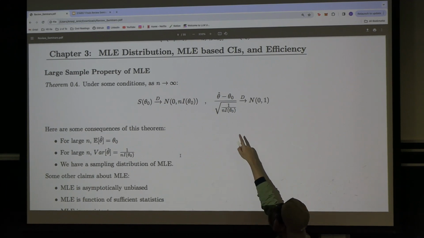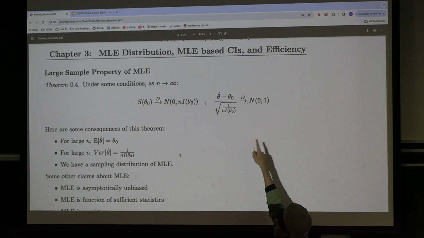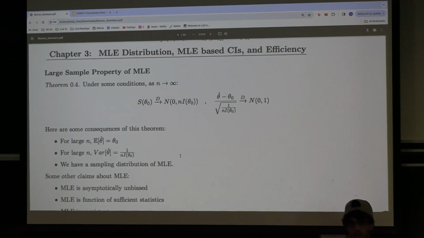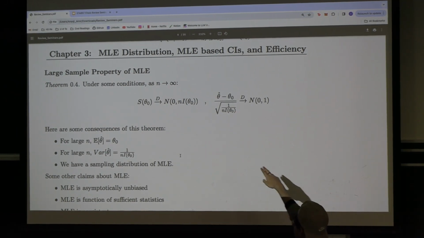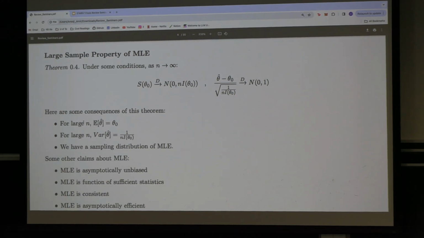This essentially says that the maximum likelihood estimate approaches in distribution a normal with mean equal to the true parameter, and the variance equal to 1 over n times the Fisher information.